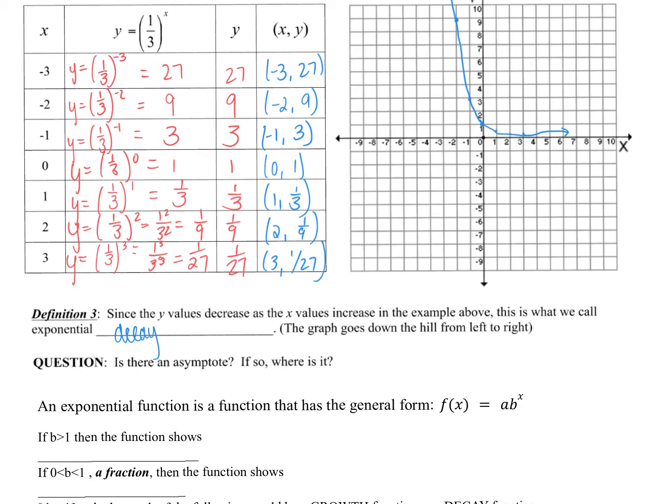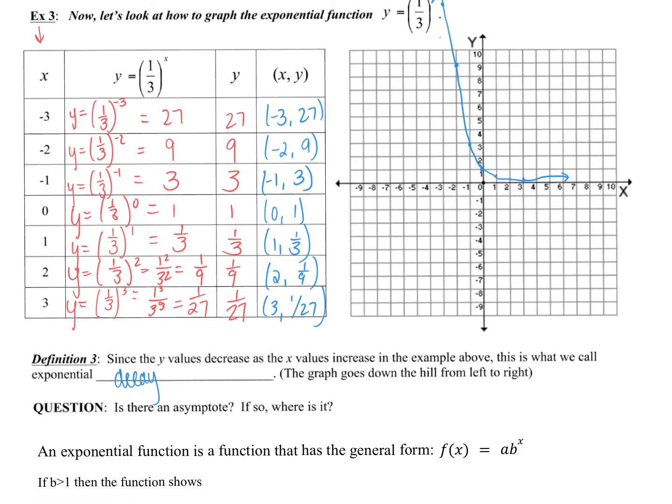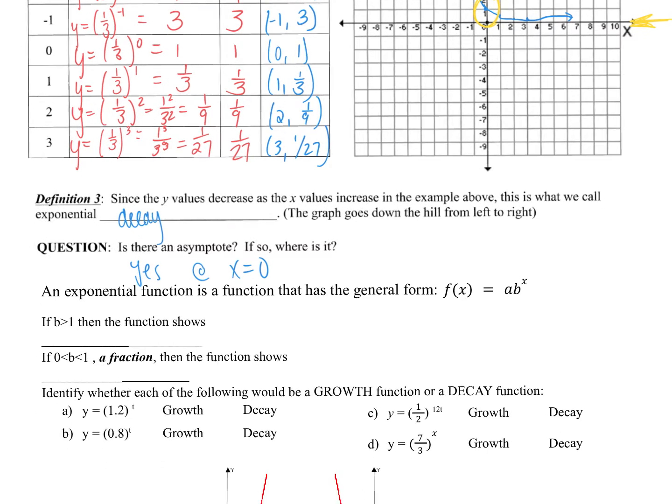Or does the graph ever cross or touch the y-axis? And in this case, you can see right here that it touches the y-axis. So we know that there is not an asymptote there. But like I said before, your graph is never going to touch that x-axis. So in this case, yes, there is an asymptote, and it's at x equals 0. It's never going to touch the x-axis.